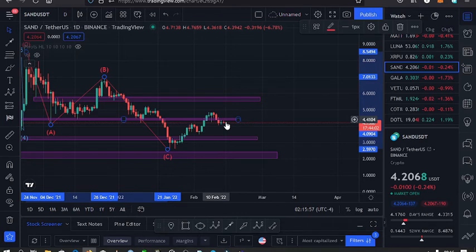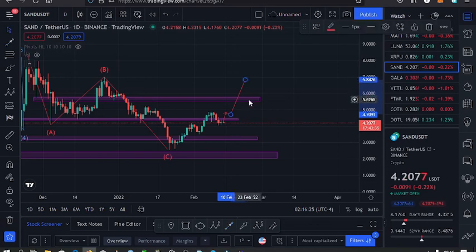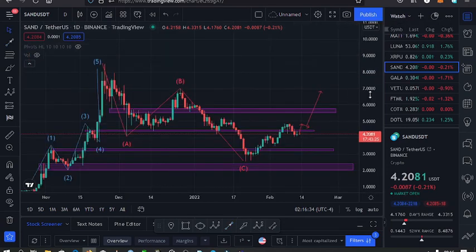So the price can close above this resistance that we have over here, have a retest of that zone, and once we have a retest of that zone, we will be unlocking even higher prices to the upper side and maybe break the resistance that we have on the $5.6 mark. So those are the key expectations I expect to see on the SAND chart.